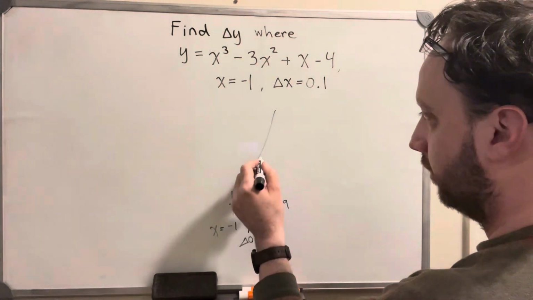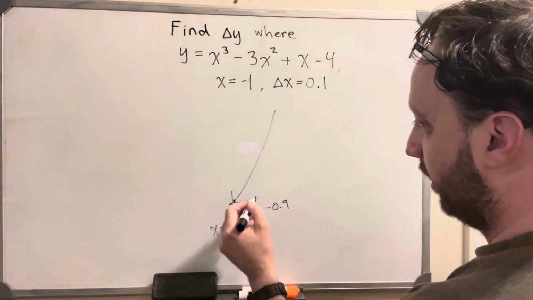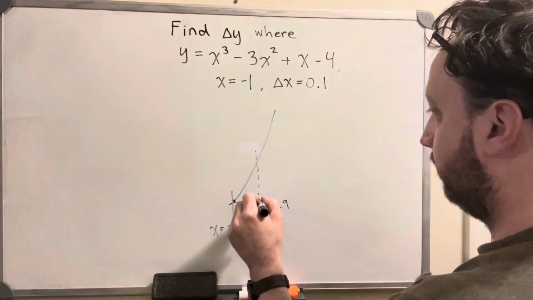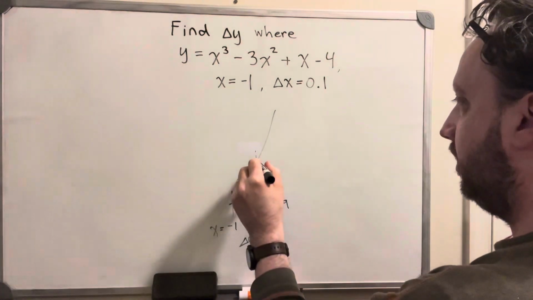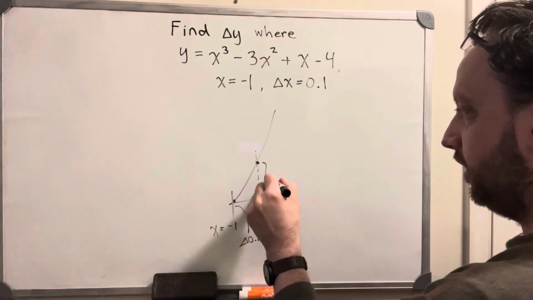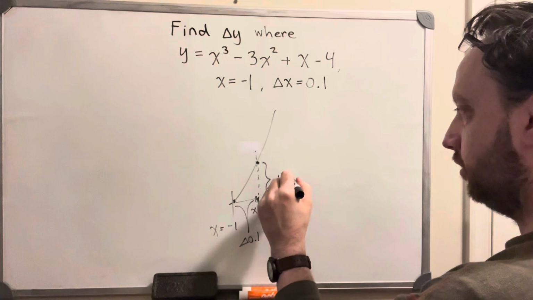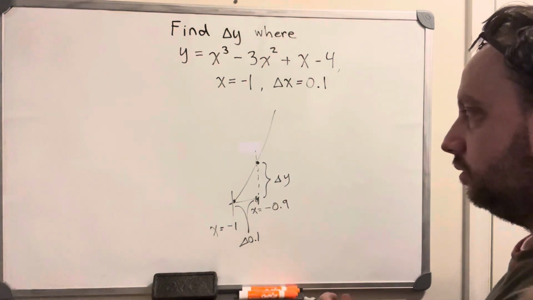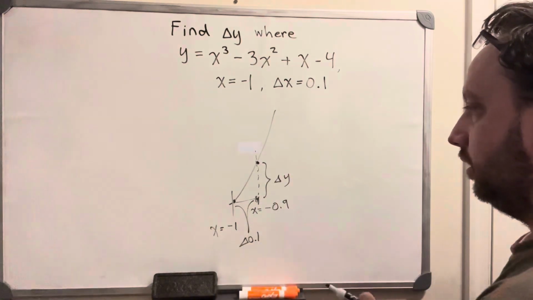Let's say that by the time the function got to this x value, its y value was right here. So this is the delta y. And what two things do we need to know to figure this out?